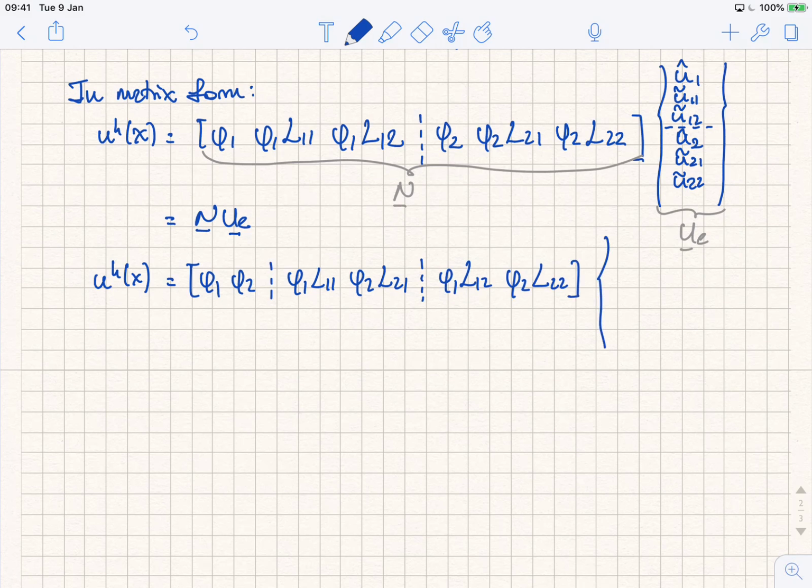And if I do that, my degrees of freedom are going to shift order. So first I put all the ones that are standard, U hat 1, U hat 2, and then the next follow. So you have U tilde 1 1, U tilde 2 1, U tilde 1 2, U tilde 2 2. And that is another way to write this equation.